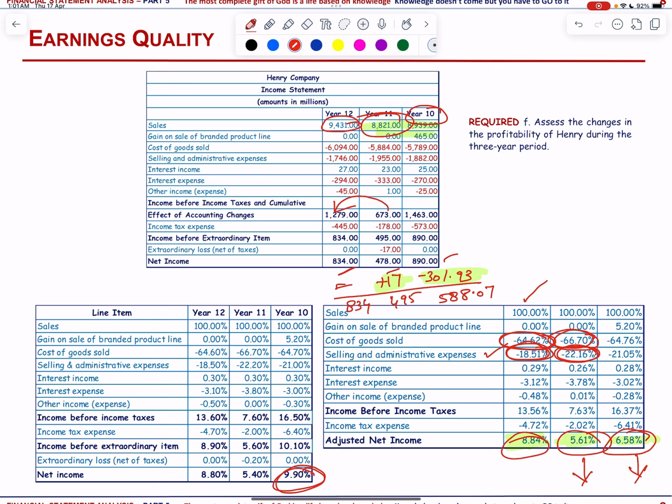Then in the year 2012, the company has recovered. There is a marked operational recovery with real profitability gains that has substantially improved to 8.84%.